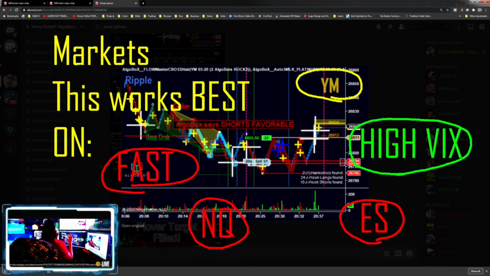The high VIX is getting us opportunities here, even in the ES, getting paid $12.50 per tick on the S&P 500 E-mini. Okay, now in this case, this was the Dow. Fine, totally valid on basically, like I said, any instrument as long as it shows up. But the things that help that are high VIX. In low VIX markets, this is going to be a little bit more difficult to find this setup, but hopefully you guys get that point. If you guys have questions on any of that, put it down in the comments.